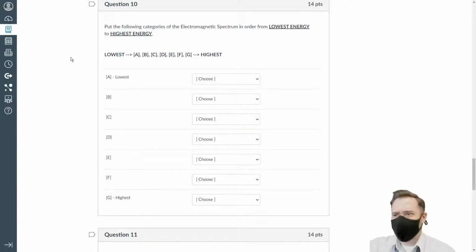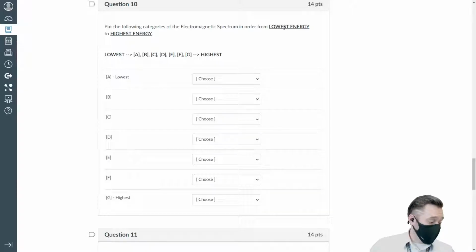Anyways, the order of the electromagnetic spectrum is radio waves, microwaves, infrared, visible light, ultraviolet, X-rays, gamma rays, right? So from lowest energy, the ones that have the longest wavelength.